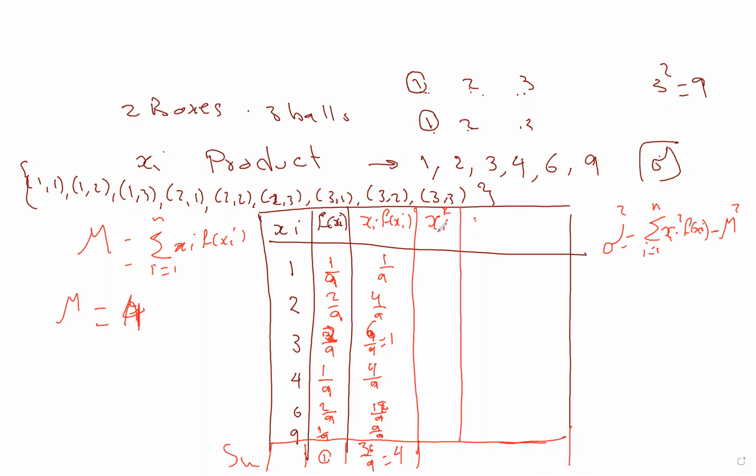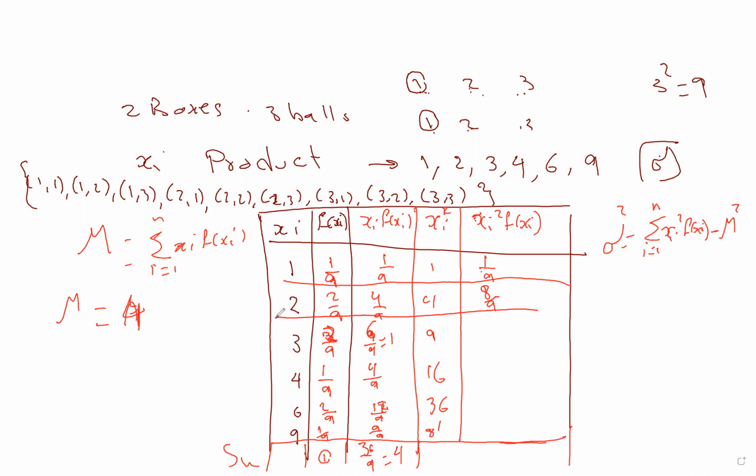So we need xi squared, which is 1, 4, 9, 16, 36, and 81. And you have to multiply and find f of xi times xi squared, which is 1 over 9. It will be 1 over 9, and 4 times 2, 8 over 9.